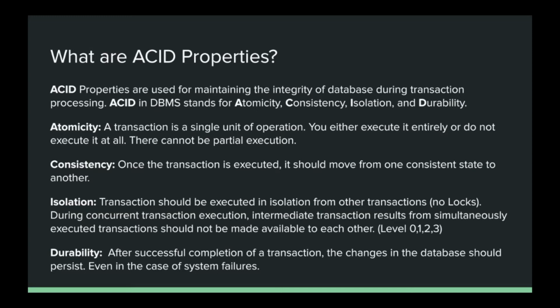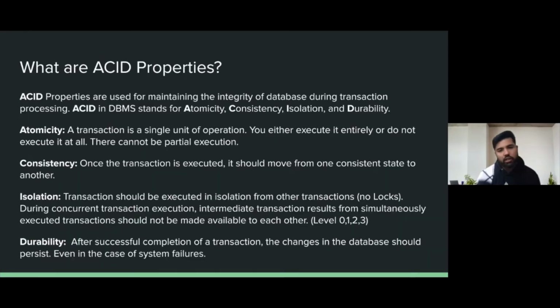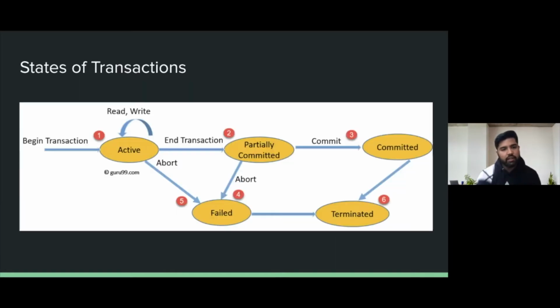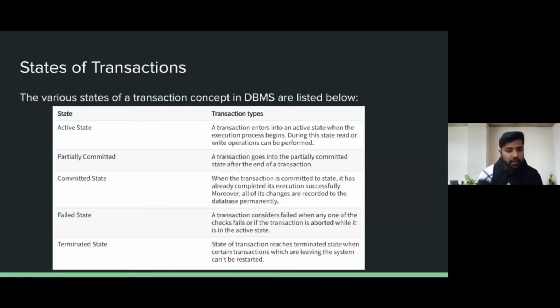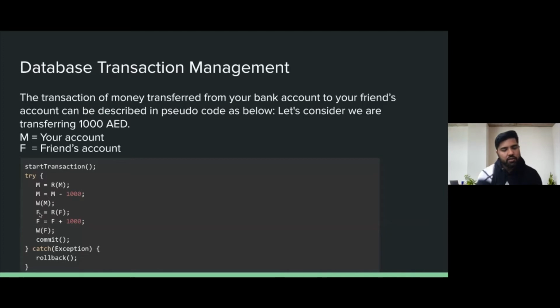The example I was giving you, changing your balance and transferring it to your friend's account, is the sort of concept of atomicity. So either the whole thing will happen or not, not a partial thing. It is not like if I go back over here, the third line is executed, and the system gives you an exception on the fourth line, where it is saying f is equal to r of f.